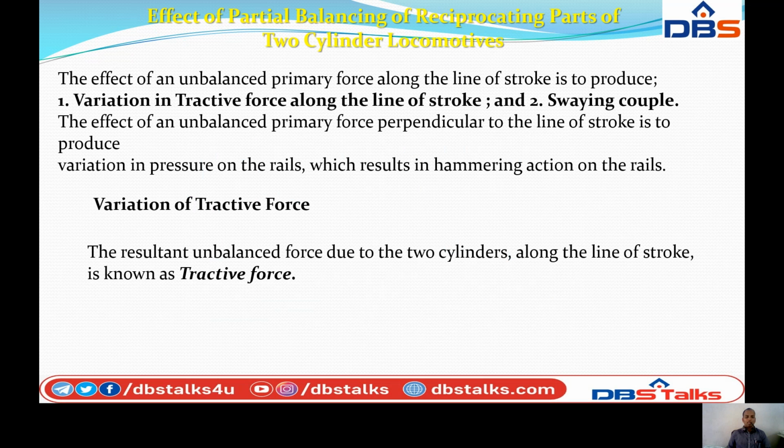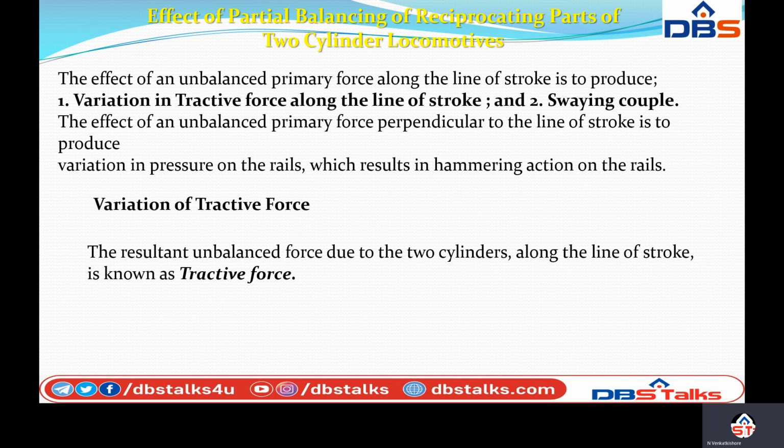A singular or uncoupled locomotive is one in which the effort is transmitted to one pair of wheels only, whereas in coupled locomotives, the driving wheels are connected to the leading and trailing wheels by an outside coupling rod. So this is the major difference.